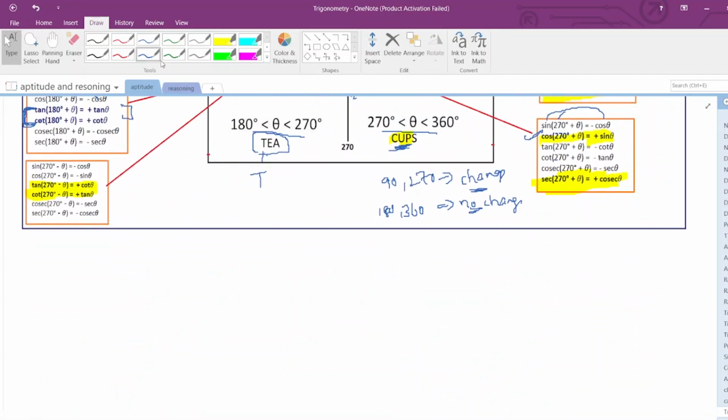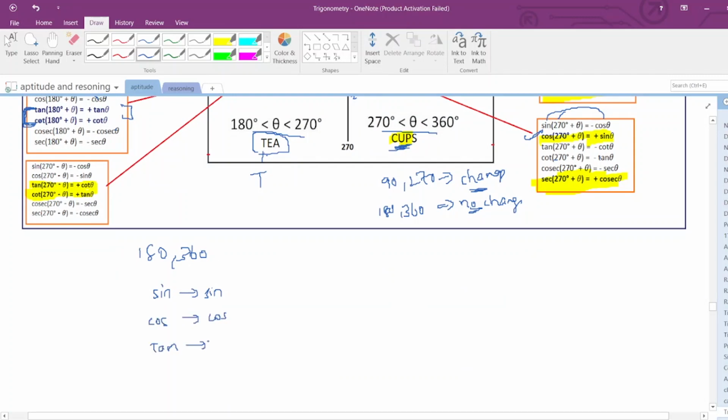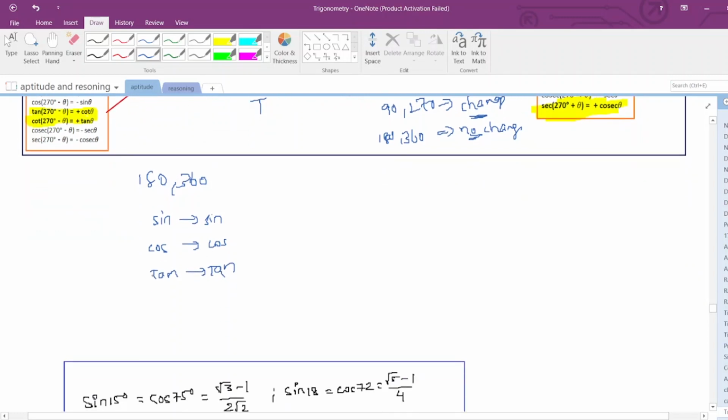So what are the important points we observed? For 180 and 360 కి ఏమవుతుంది? Sin కి sin అవుతుంది, cos కి cos అవుతుంది, tan కి tan అవుతుంది, right? In the same way, cot కి cot అవుతుంది, secant to secant, and cosecant to cosecant.